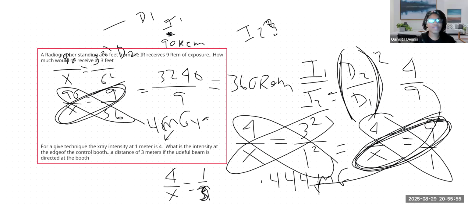So even if you mess up the math altogether, before you start, get an idea of where that number should go. Should the number be higher than the original dose, or lower? If you know that, then you can start eliminating at least some of those answer choices. All right, so any questions about the inverse square law?